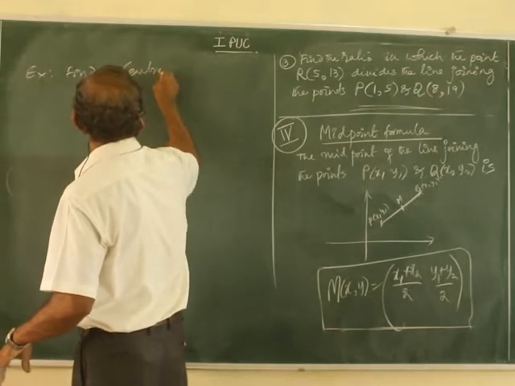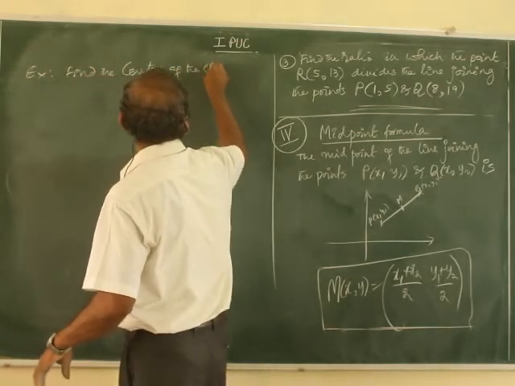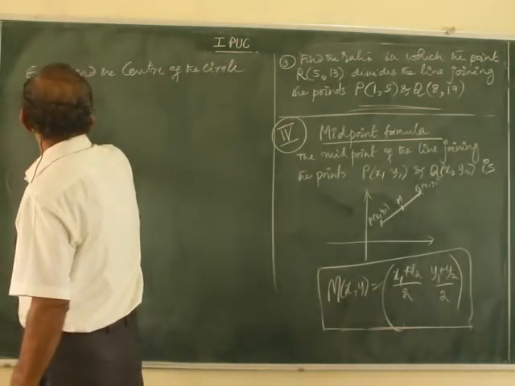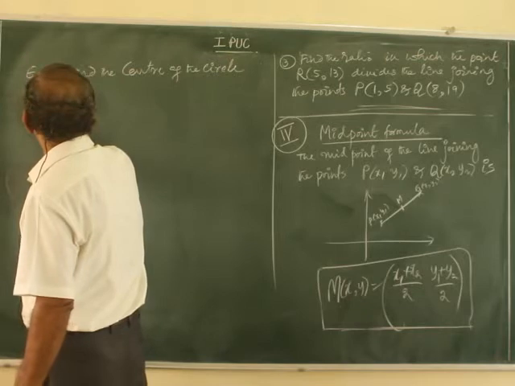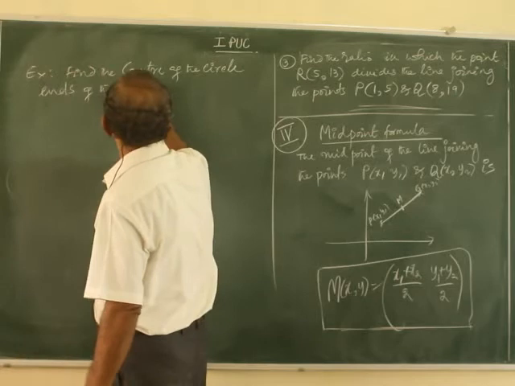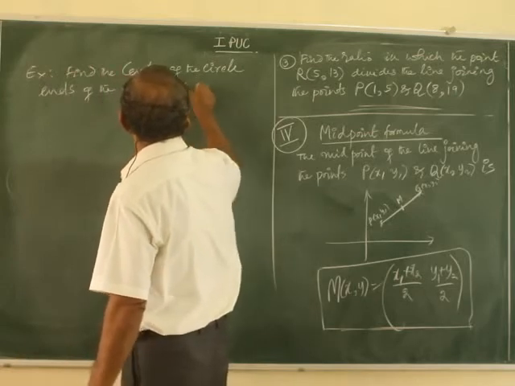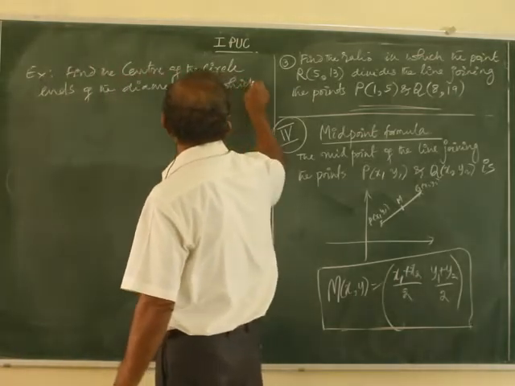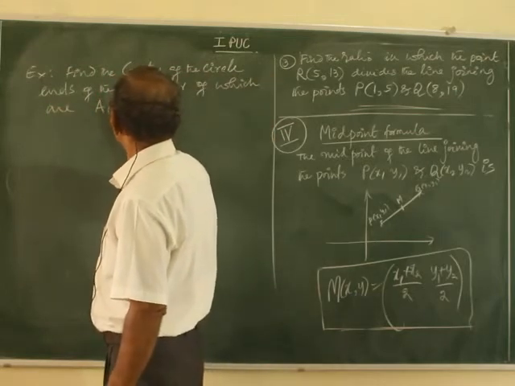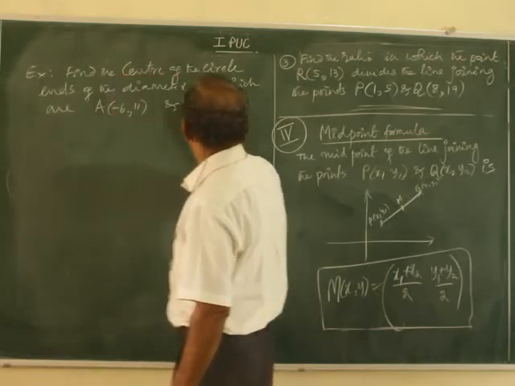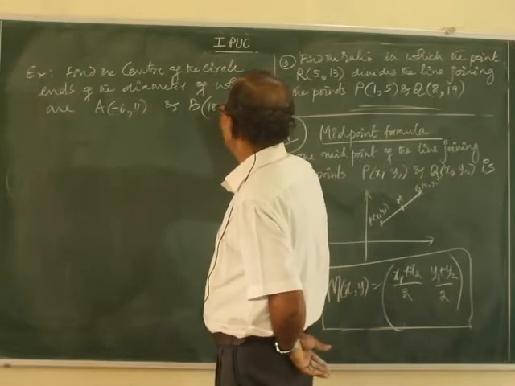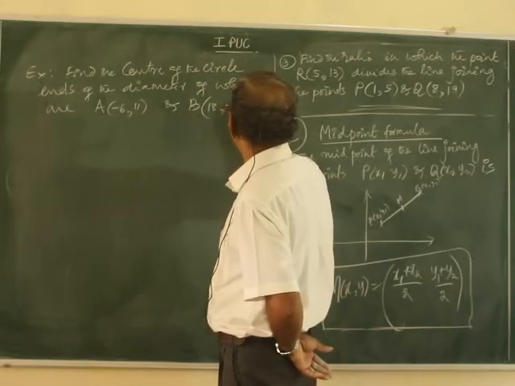Find the center of the circle, ends of the diameter of which are A(minus 6, 11) and B(18, minus 5).